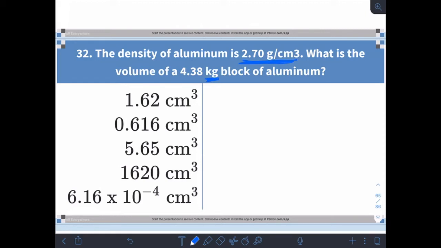So I have to convert my kilograms first before I can use my conversion factor. So hopefully we've done enough practice by now that your memory is serving you well, and you know that there are 10 to the 3 grams in 1 kilogram. So I'm going to go ahead and skip over writing all of that out and just go ahead and do the conversion.